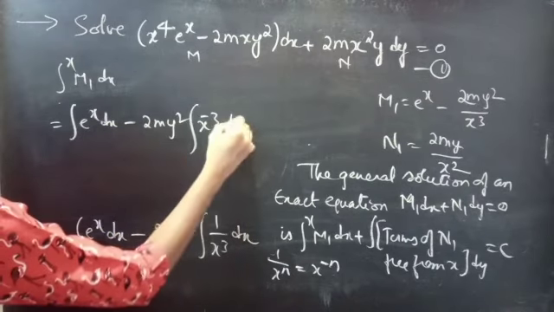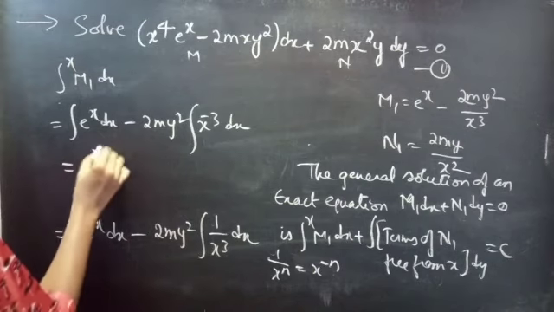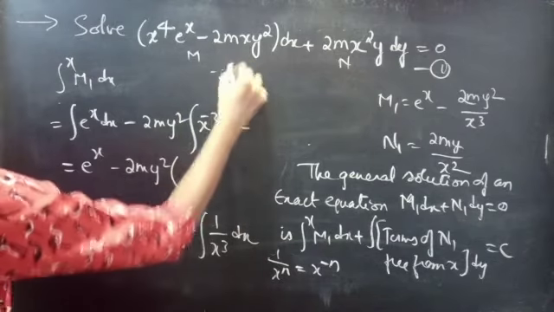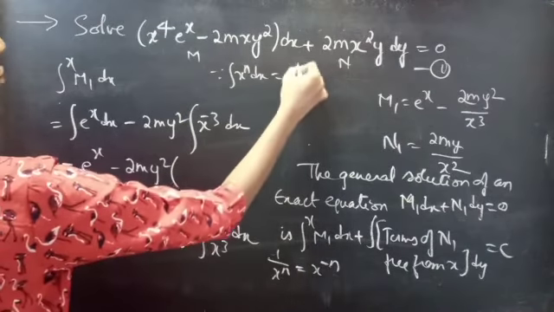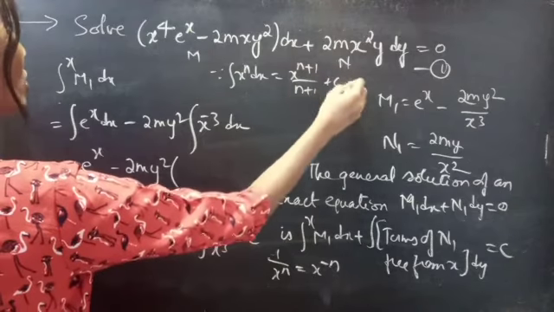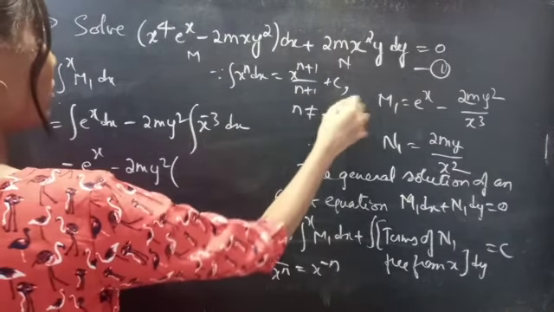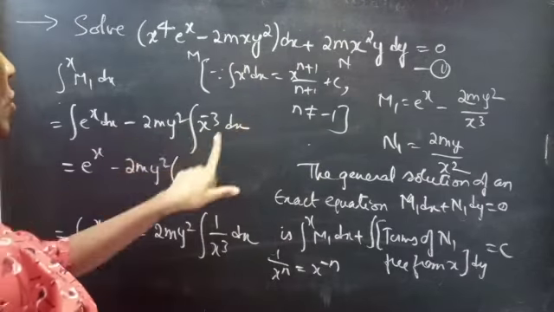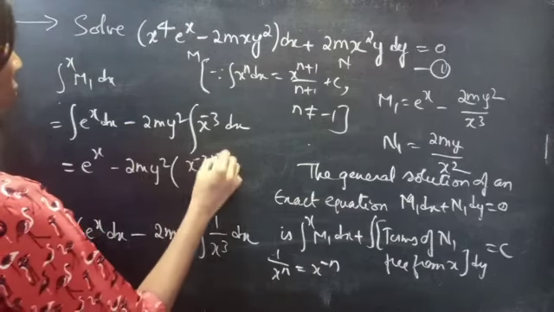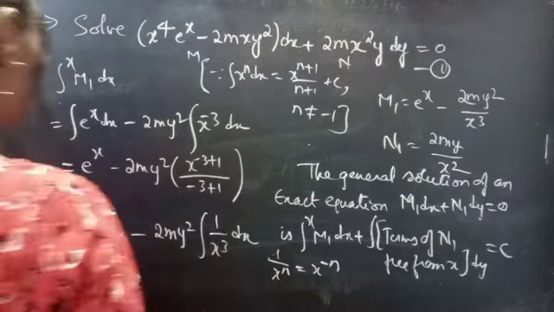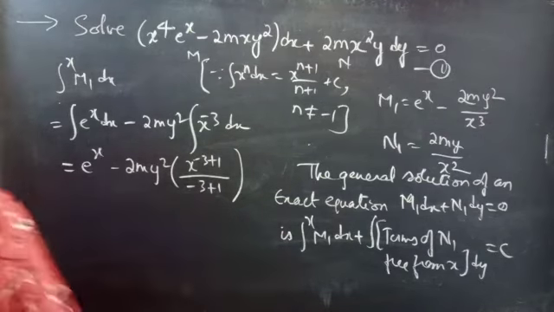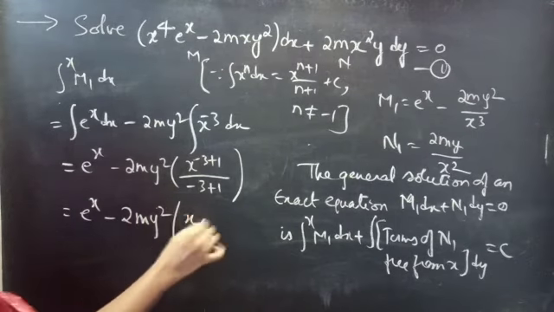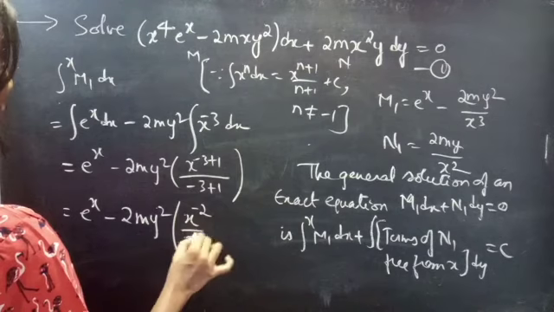This is equal to integral e power x dx minus 2my square into integral of x power minus 3 dx, which is equal to e power x minus 2my square into, we know that integral x power n dx equals x power n plus 1 by n plus 1 plus integral constant c for n not equal to minus 1. Since we have n equals minus 3, which is not equal to minus 1, we can apply this formula here. We'll get x power minus 3 plus 1 by minus 3 plus 1, which is equal to e power x minus 2my square into x power minus 2 by minus 2.